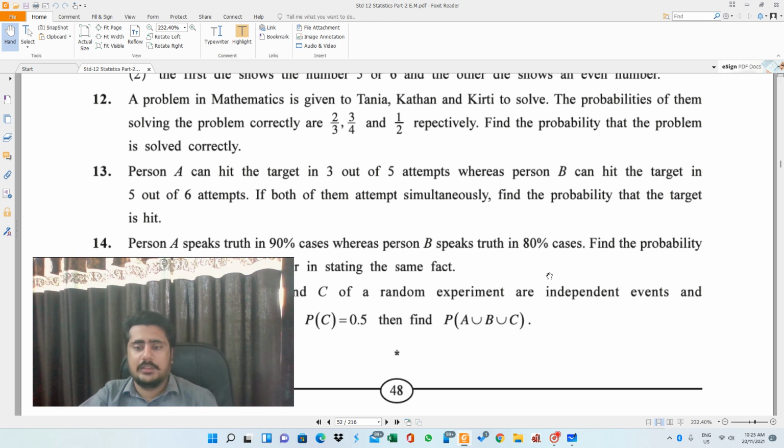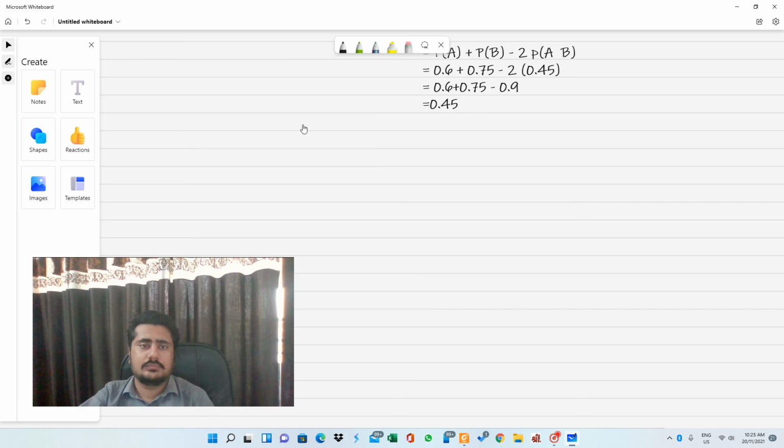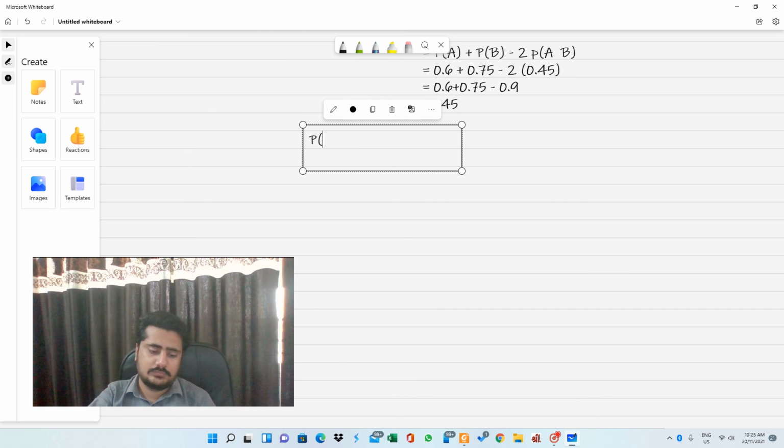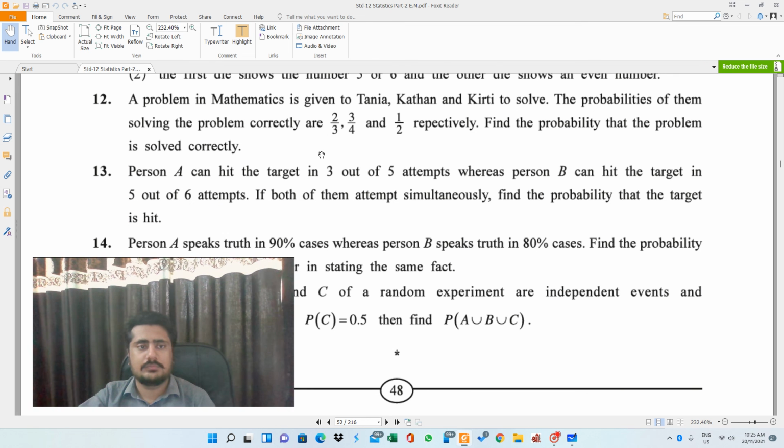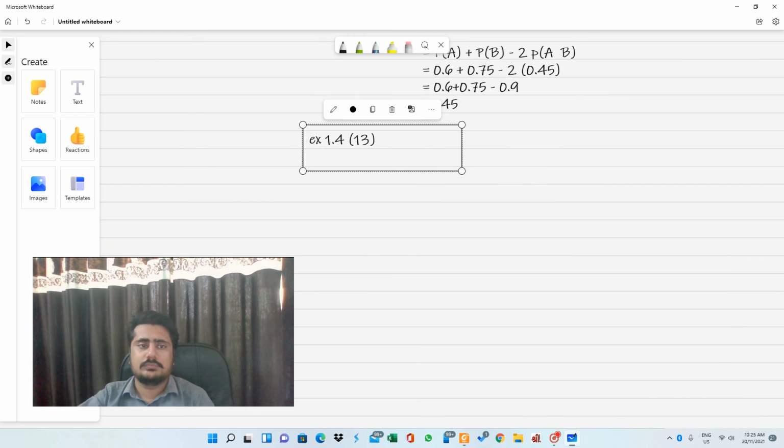Let's take sum number 13 from exercise 1.4. A can hit the target in 3 of 5 attempts.